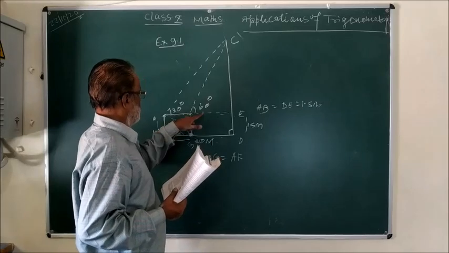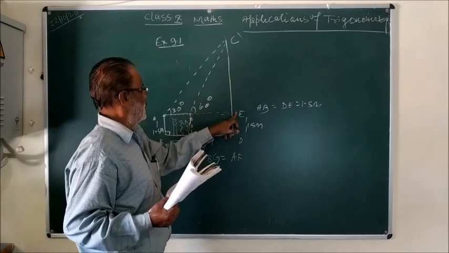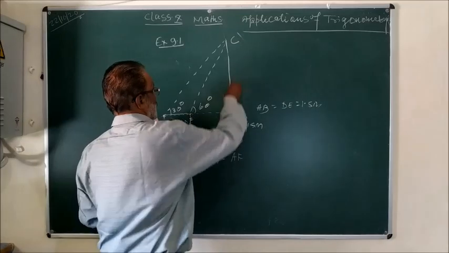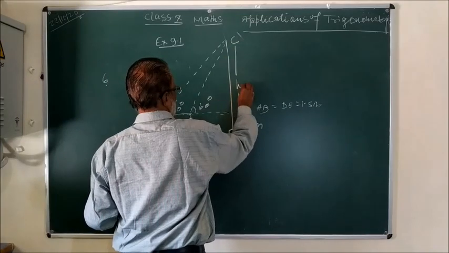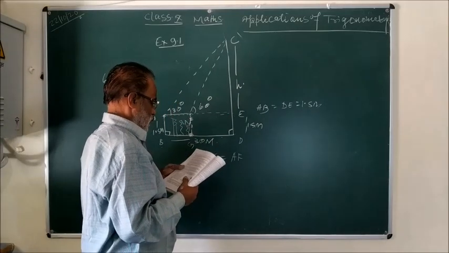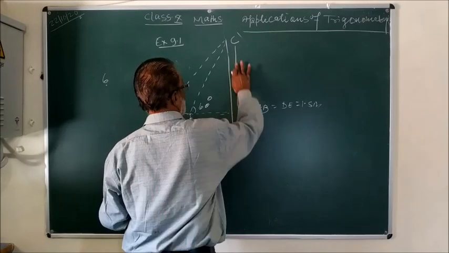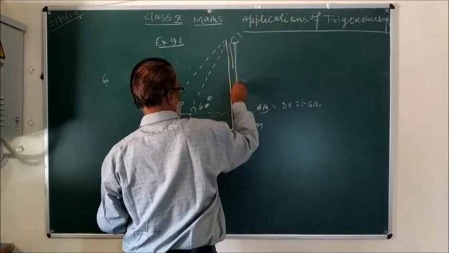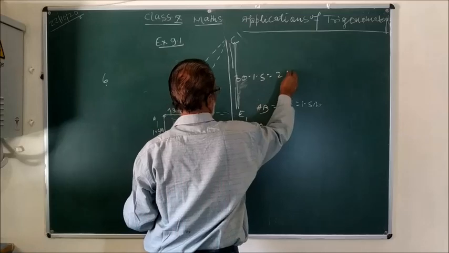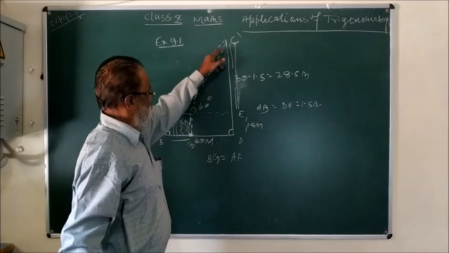Now how will you find it? In this triangle CAE, tan 30 is P by B. So this we will assume to be H. So a 30 meter tall building. Sorry, this is already given as 30 meters. So this will be 30 minus 1.5, which will be 28.5 meters. So this is CE.